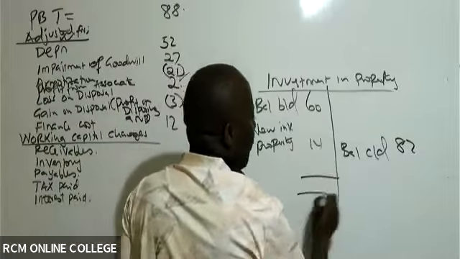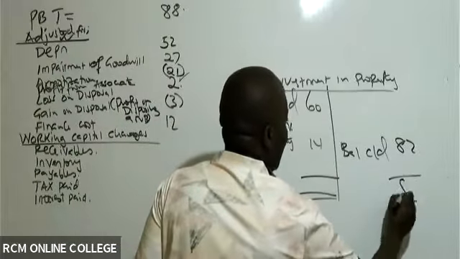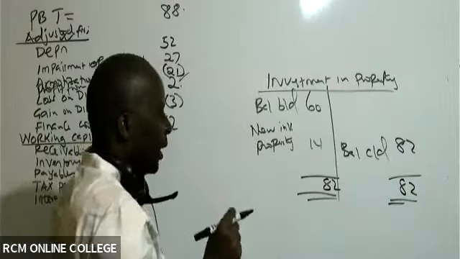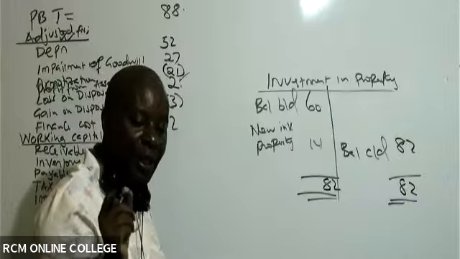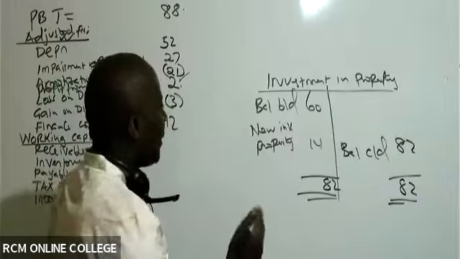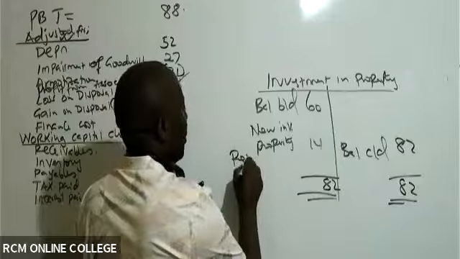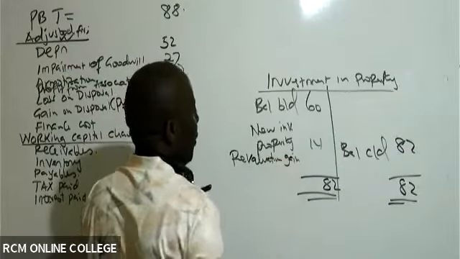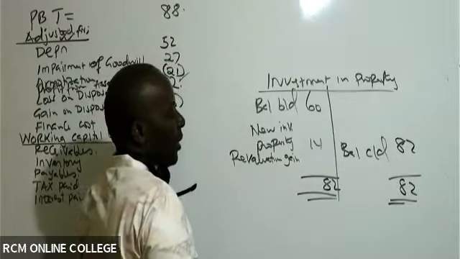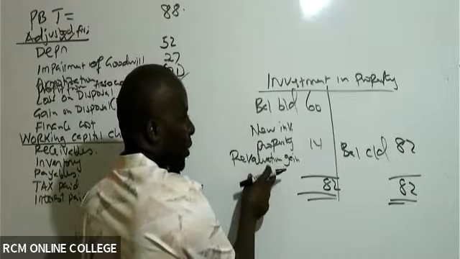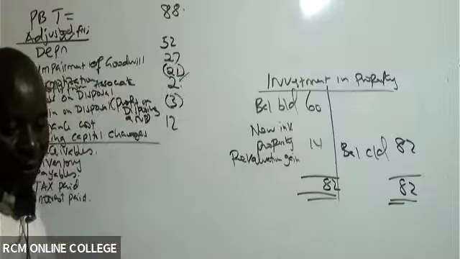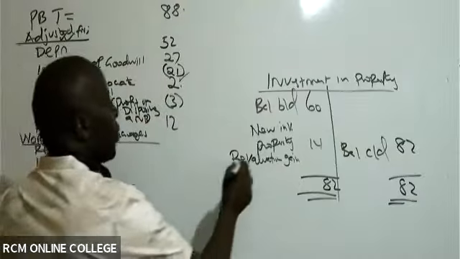The moment they told me that their investment properties are fair valued, I know there must have been some revaluation. So we have a revaluation gain. It's a gain because it's on the debit side. So 82 minus 14 minus 60 will give me 8.